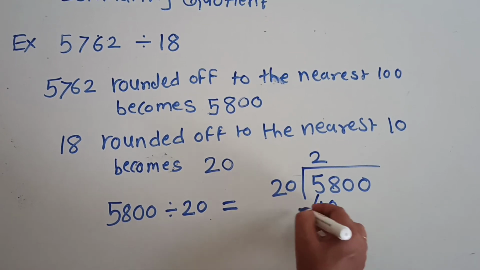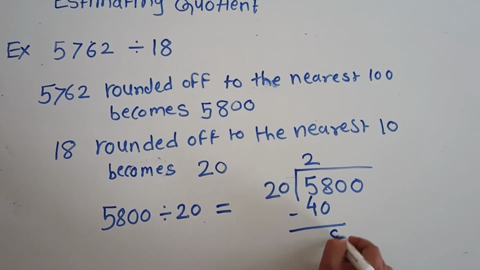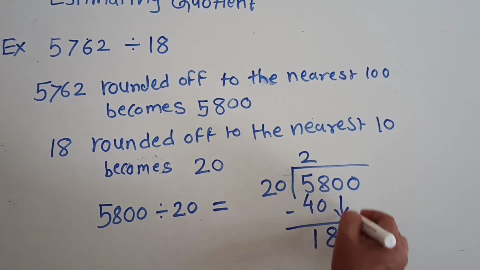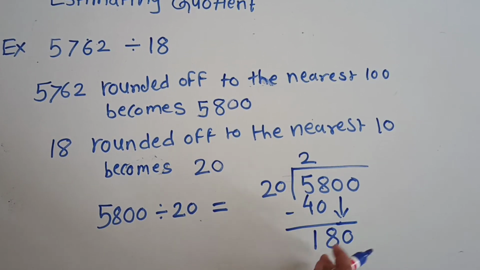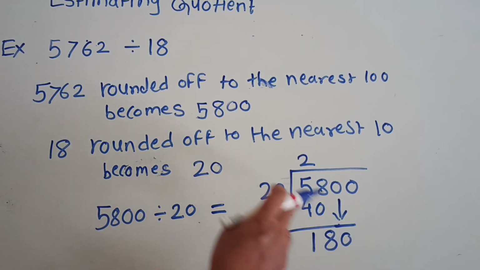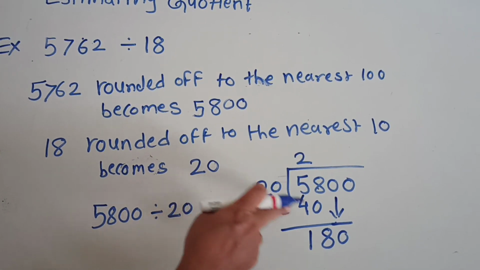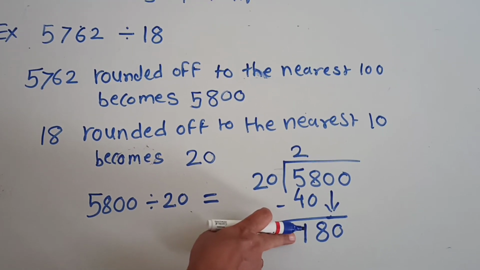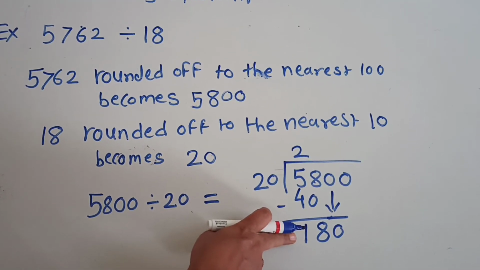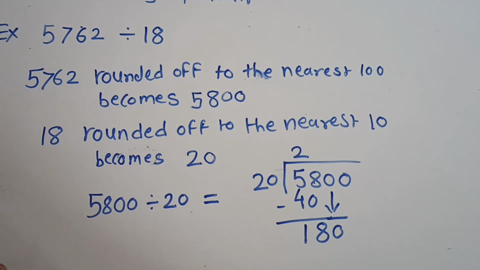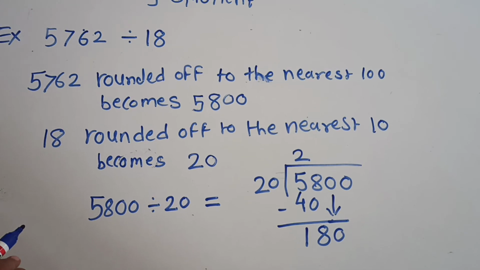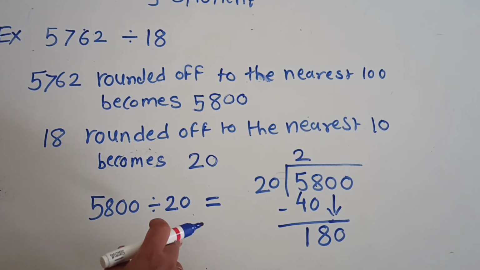Here 8 minus 0 is 8, 5 minus 4 is 1. Then we will take this 0 down. Here we get 180.